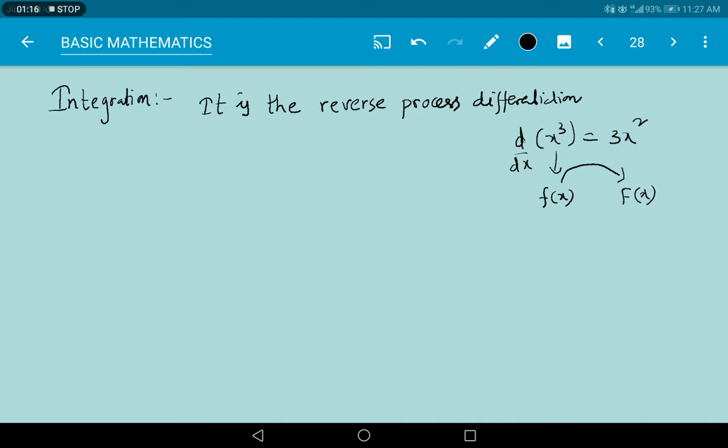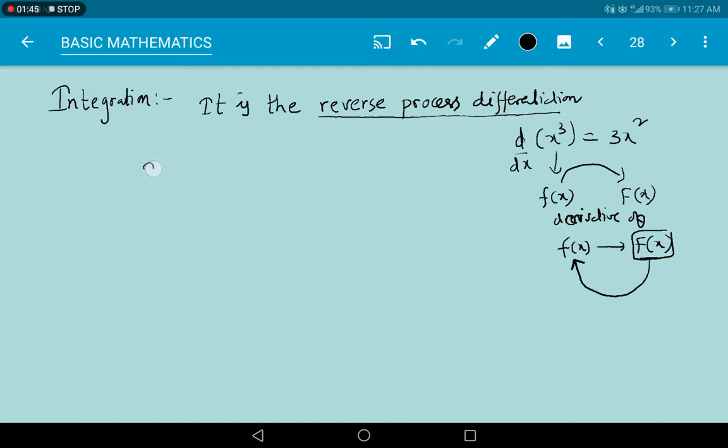That means the derivative of f of x is capital F of x. In the reverse process, the derivative will be given, so we are going to find out that function. That's why it is known as the reverse process of differentiation.